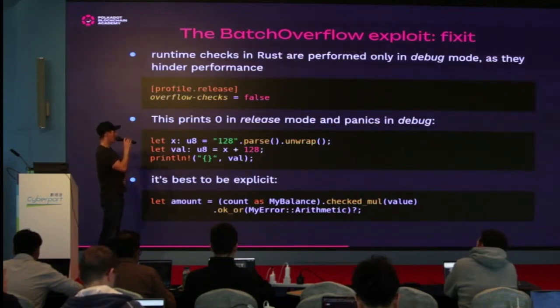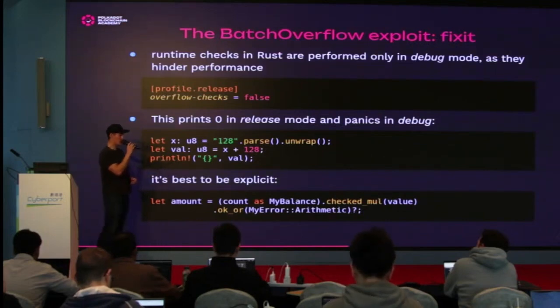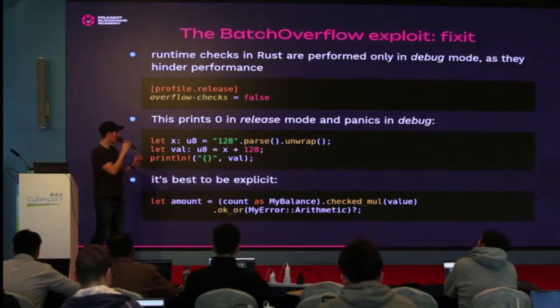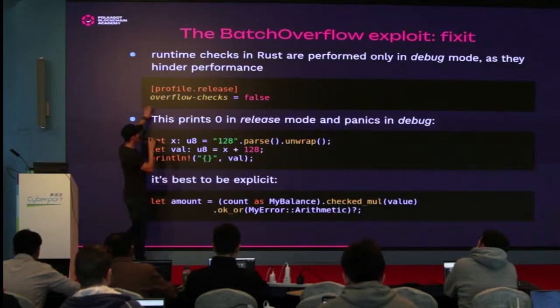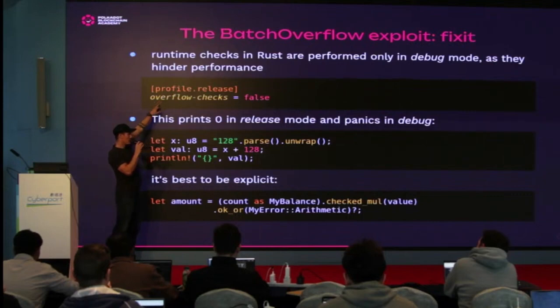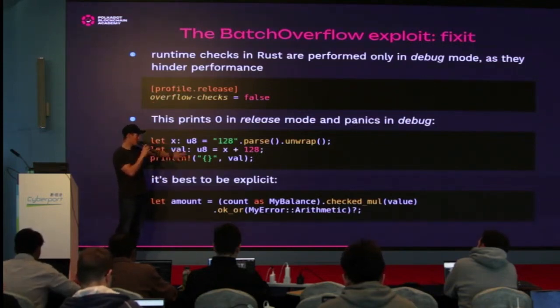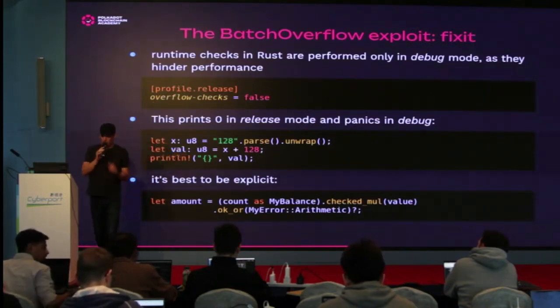But in release mode, it does not, just because it tries to limit the size of the binary. So unless you explicitly define that this is what you want, either in Cargo.toml or directly in the code, you might get some surprises because you might not catch that in the unit tests, but in the generated code that'd be the case.